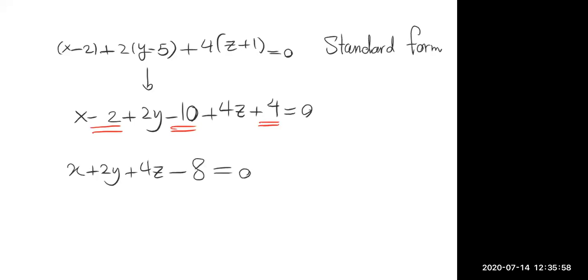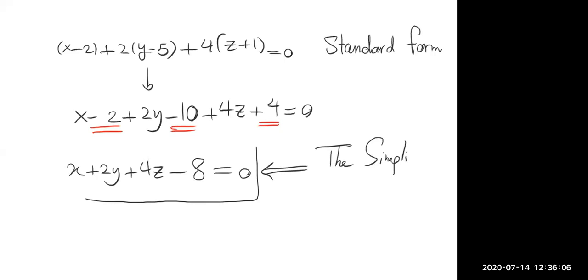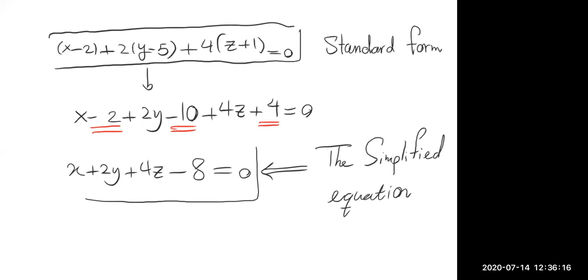Equals 0. This is called the simplified equation, which is basically just the standard equation, but we multiply these numbers out and simplify it a little bit. So this is called the simplified equation of a plane in three-dimensional space.